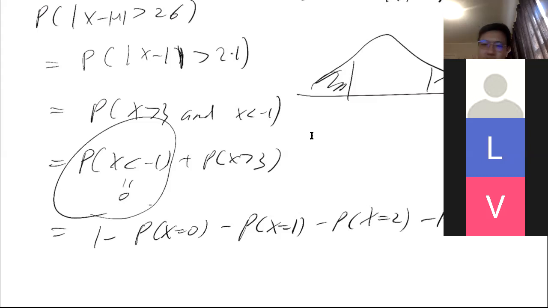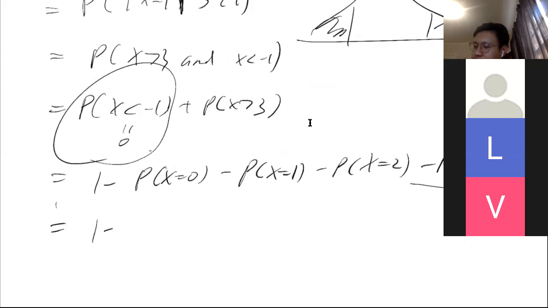minus the probability of x equal to 3. I think there's a slight error on part C. It should also have minus the probability of x equal to 3.